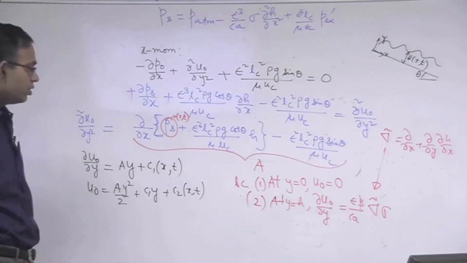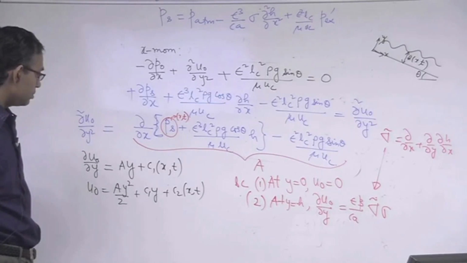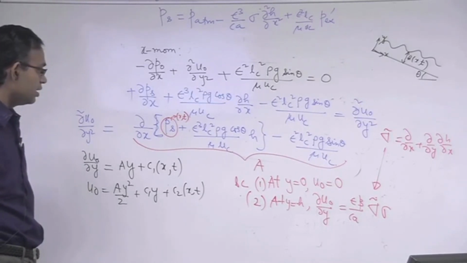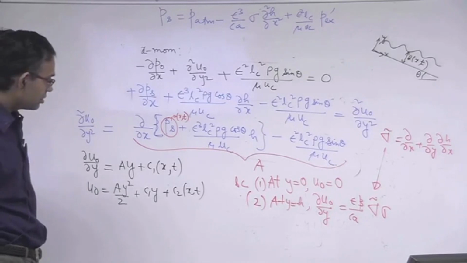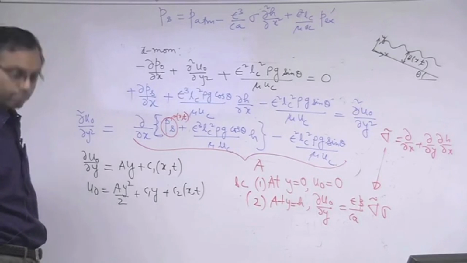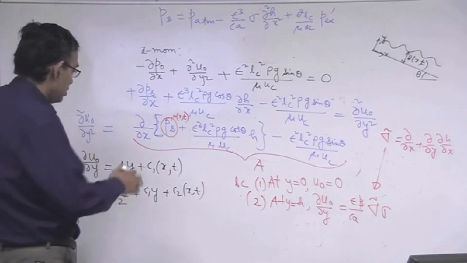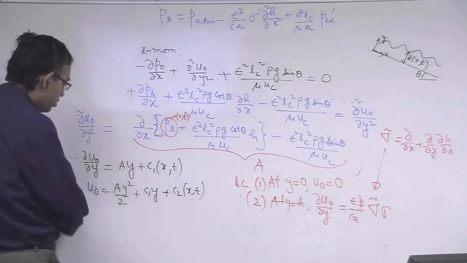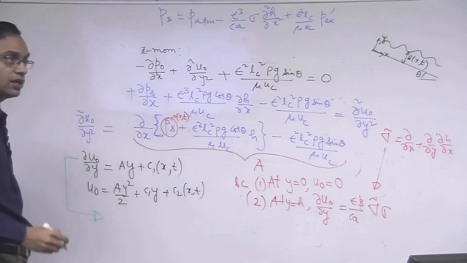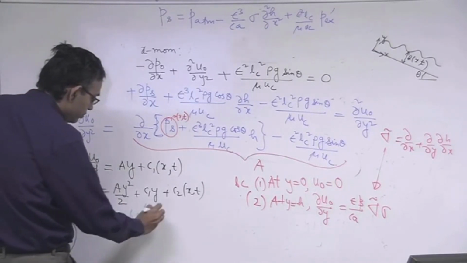At y equal to 0, u0 equal to 0. So that means, but before that, at y equal to h, del u0 del y is equal to epsilon beta by capillary number del tilde sigma. From that we can find out what is C1, right. So we can find out what is C1 from the boundary condition 2. Use boundary condition 2.